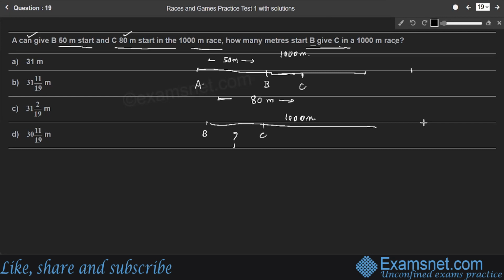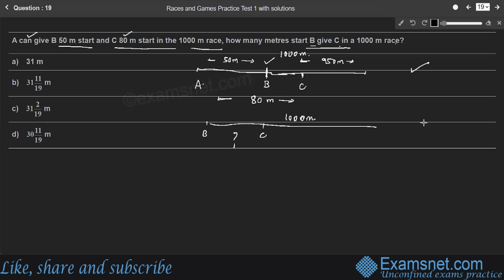In the first case, in the 1000-meter race, when B is at this point, B has to cover 1000 minus 50, 950 meters of distance. That means with respect to B, I'm explaining.